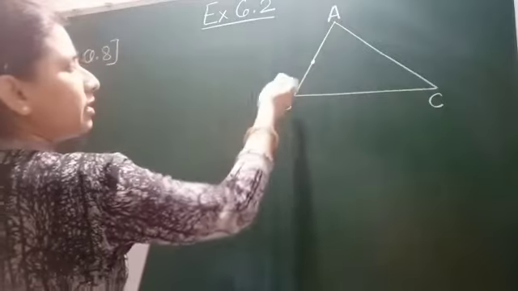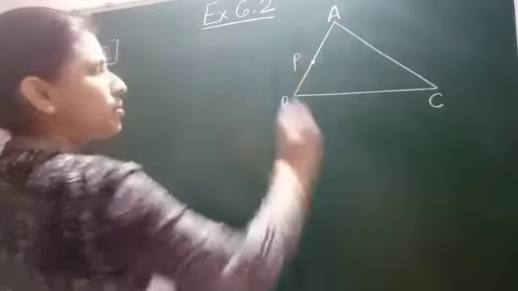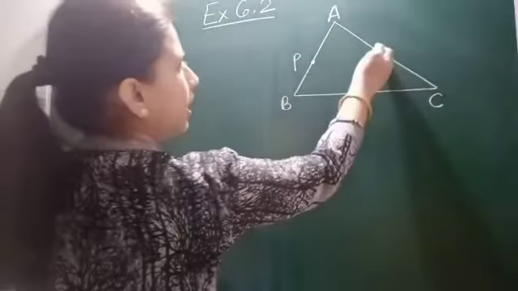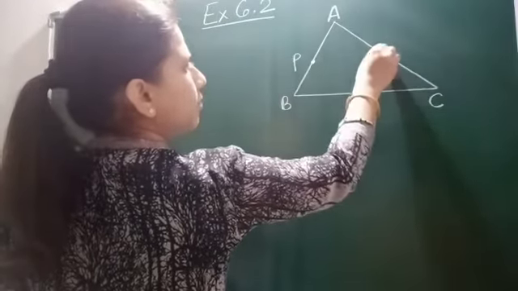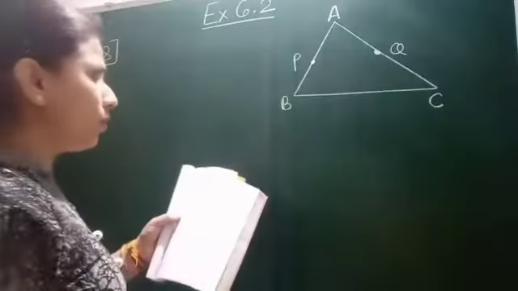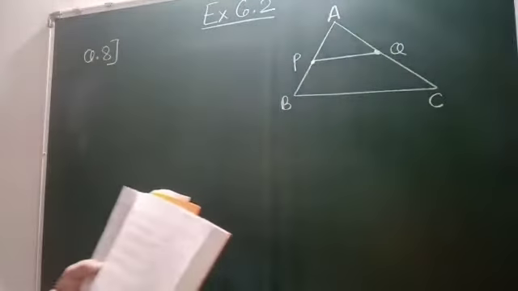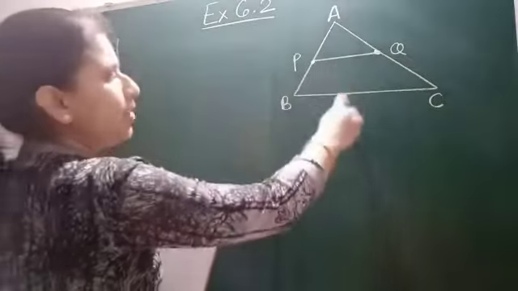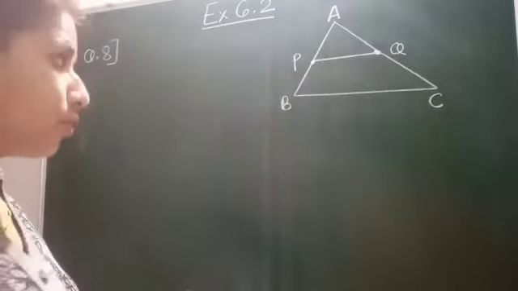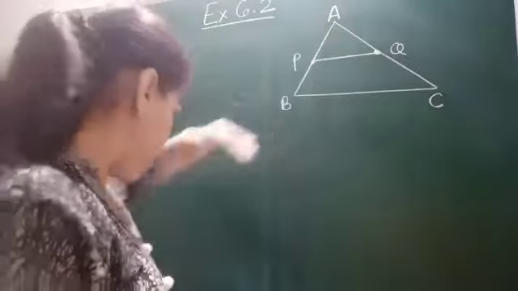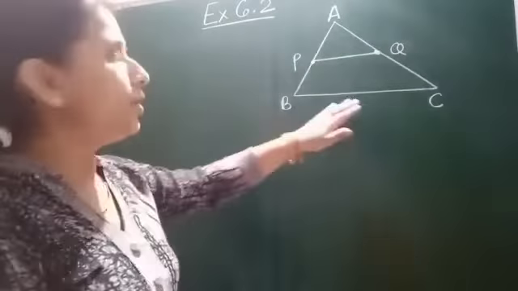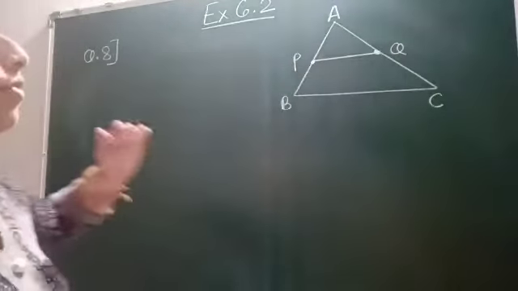So I am taking the midpoint of AB, suppose P, and the midpoint of AC, suppose Q. The line joining these midpoints is parallel to the third side, that we have to prove. It means PQ is parallel to BC, that we have to show.